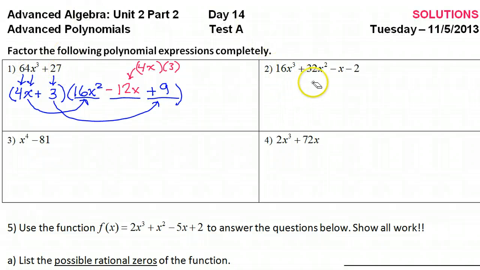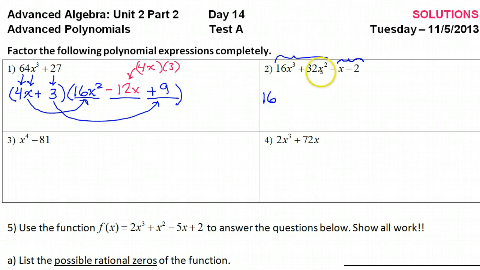Alright, let's look at problem number 2. Now I'm noticing that there are 4 terms, and our best bet for factoring when there are 4 terms is grouping. So let's look at these first 2 terms as a group and the second 2. GCF. Let's see. Well, both of these are divisible by 16, so I'm going to do a 16.